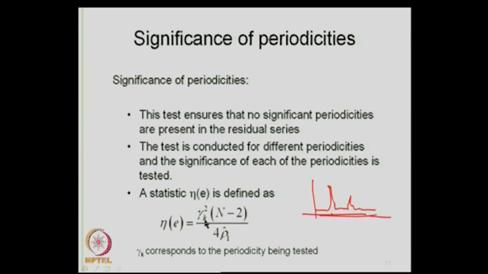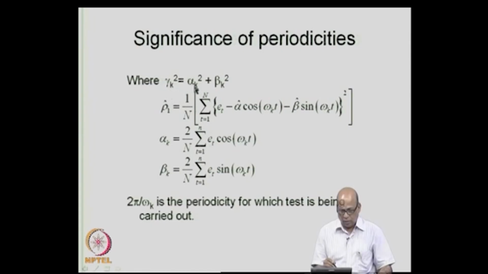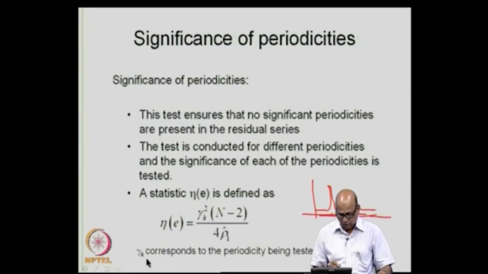So, corresponding to that particular value of k, you calculate gamma k square, and rho 1 again is the variance of the residual series. So, we know rho 1 cap, and gamma k square we compute simply as alpha k square plus beta k square, as we did in our spectral analysis. N is the total number of values that you have. As I mentioned here, gamma k corresponds to the periodicity being tested.